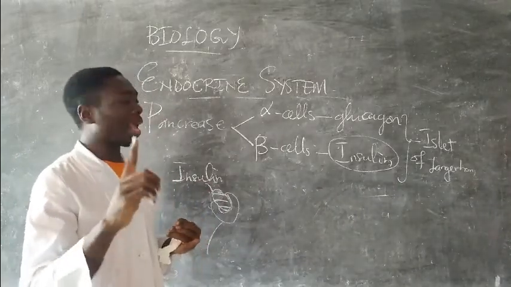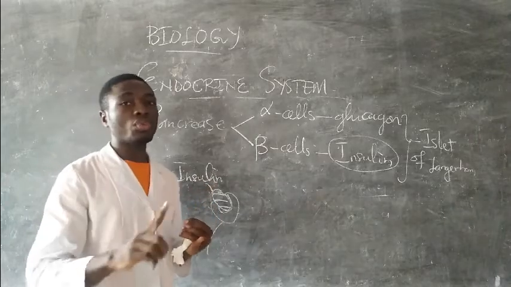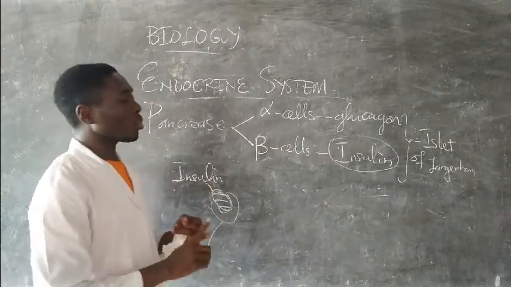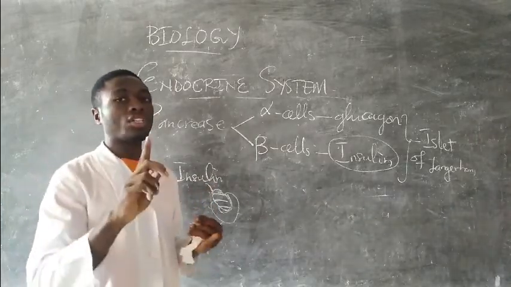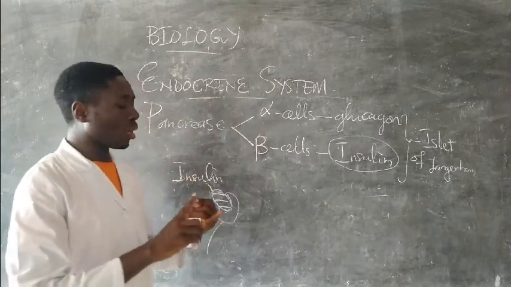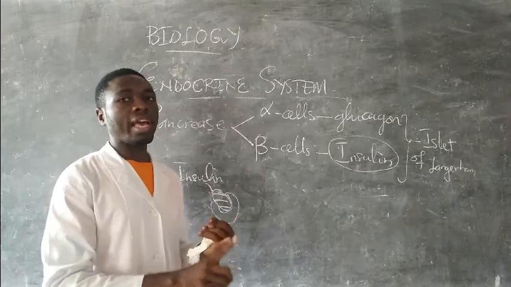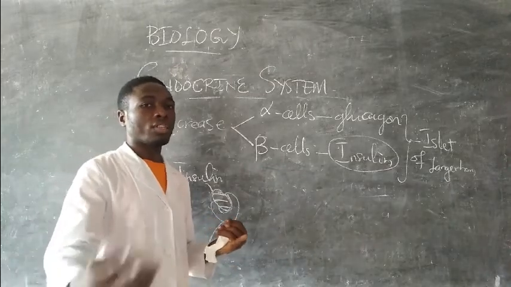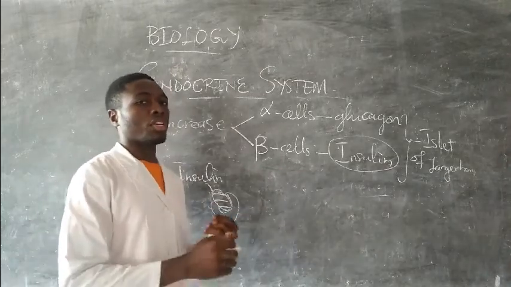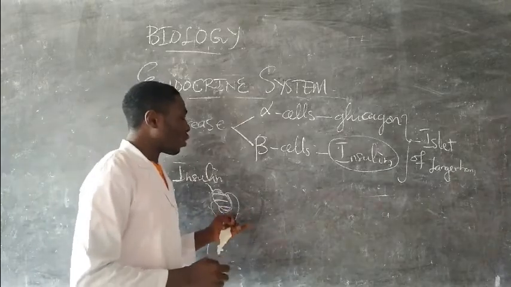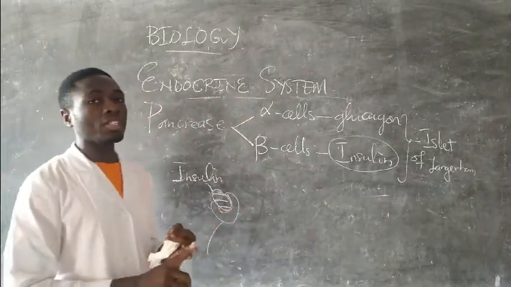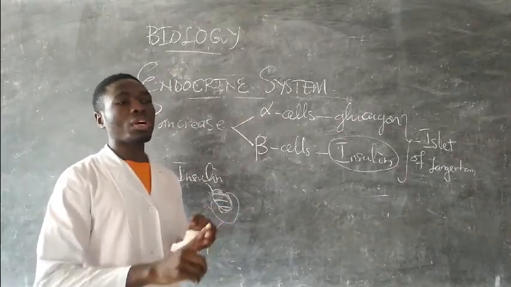Remember, the aim of insulin is to reduce the level of glucose in blood. So insulin will bind and cause cells to be much more permeable to glucose, and so cells are going to take up more glucose into them. Insulin also favors the conversion of glucose to glycogen.